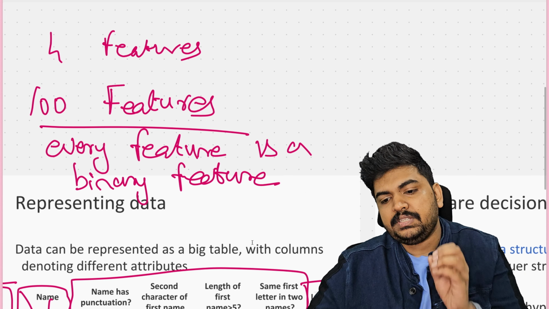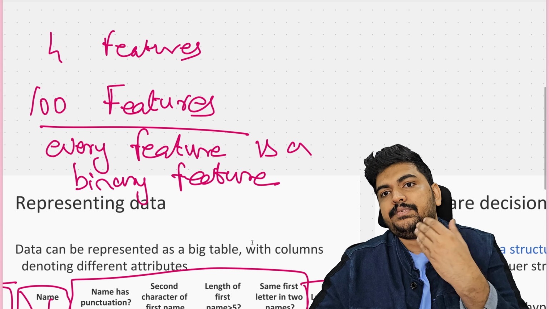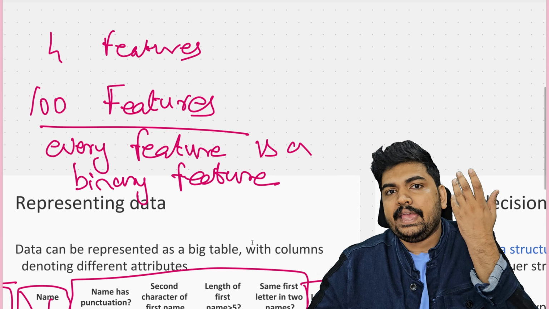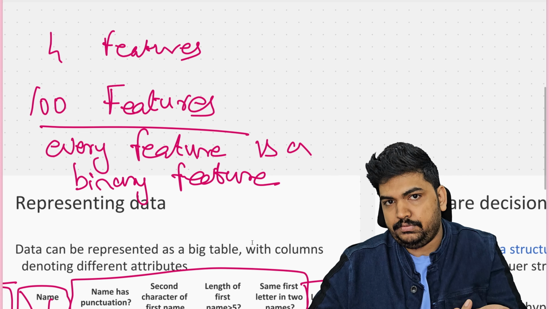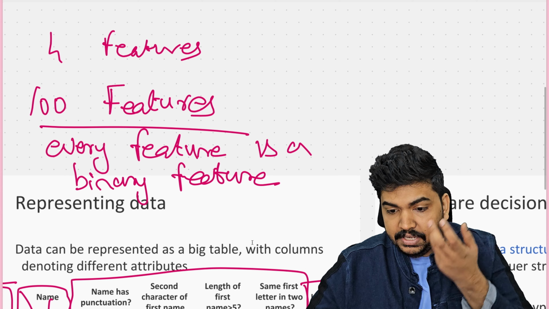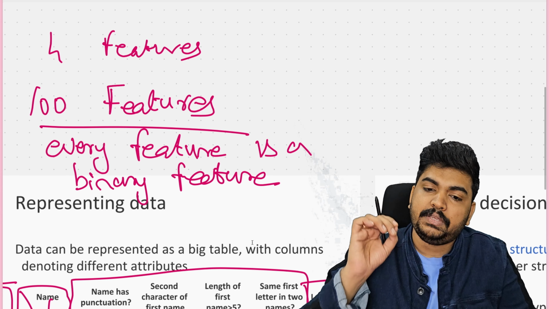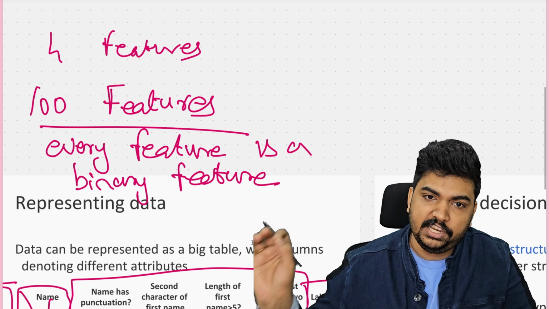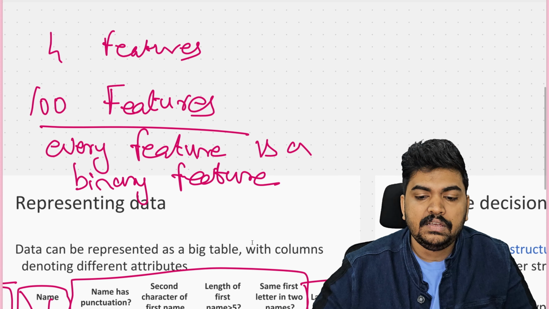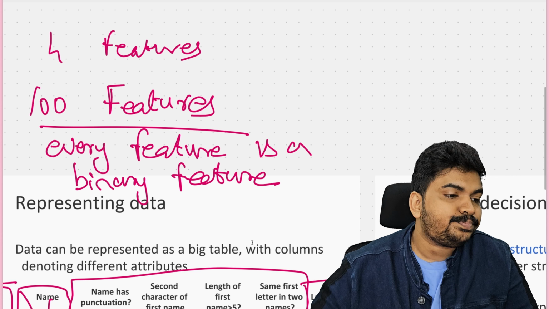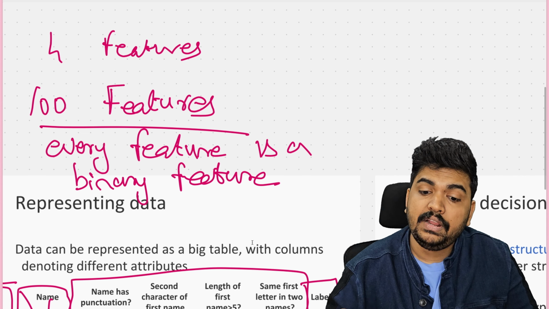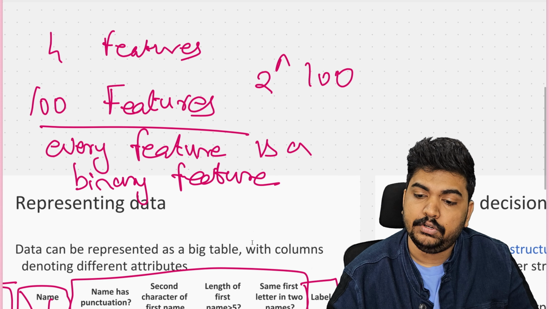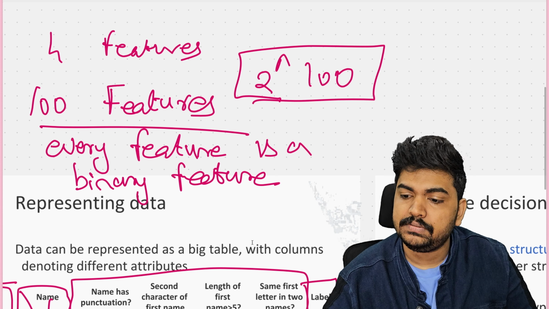Even if you assume the simplest possibility, because if there is a feature, it has to have at least 2 possible values. If it has just 1 value, it is not providing us any valuable information, so that feature should be ignored. So the minimum number of values that a feature can take is 2. Then also we will have 2 power 100 possible unique rows.